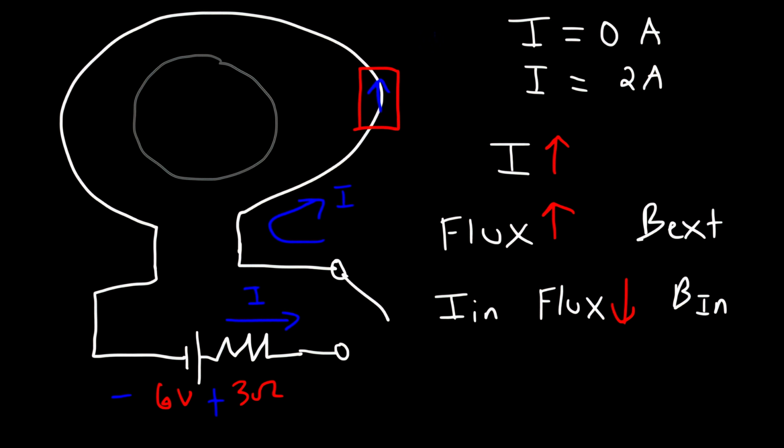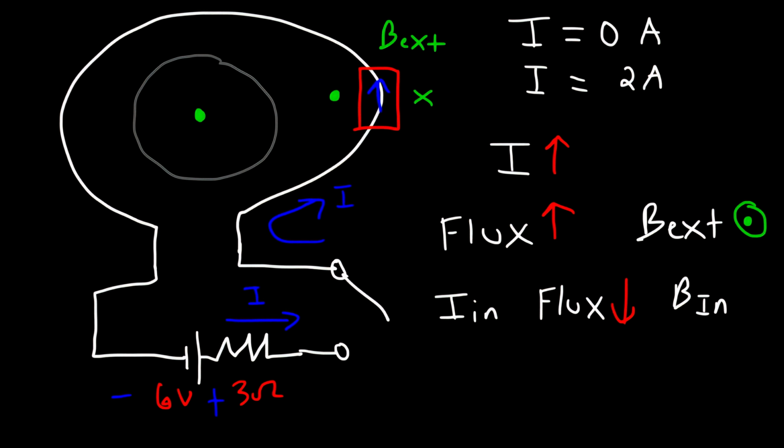So on the right side, since the current's going up, using the right hand rule, it's going to be going out of the page on the left side, into the page on the right side. So that's the external magnetic field. So at the center, the external magnetic field is out of the page. That's at the center of the gray loop. So that's what we're going to put here.